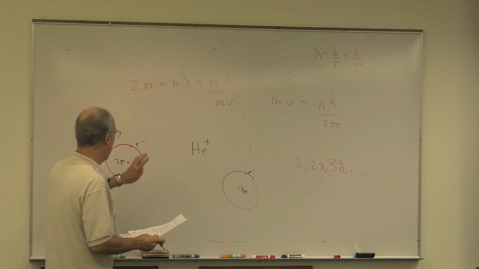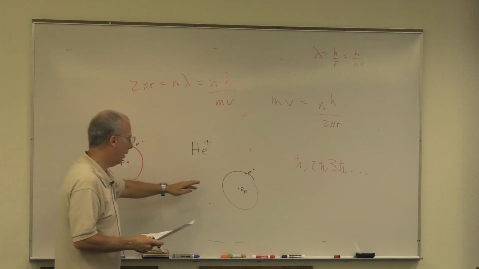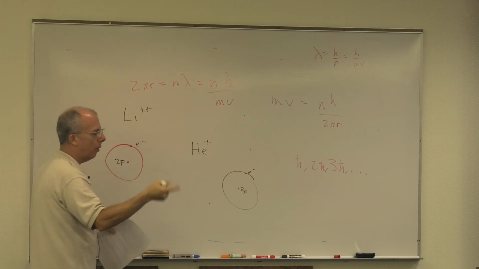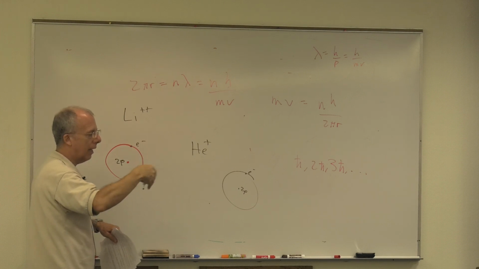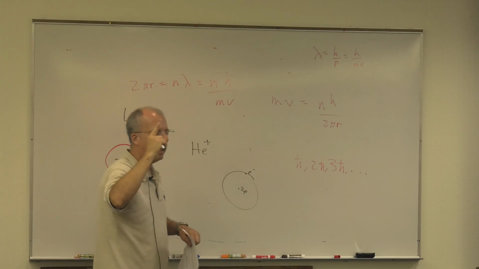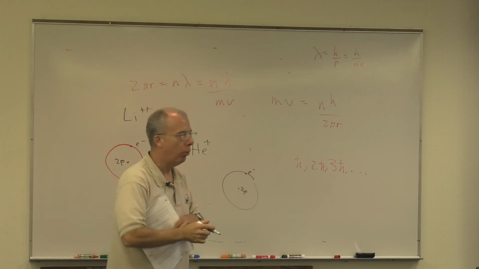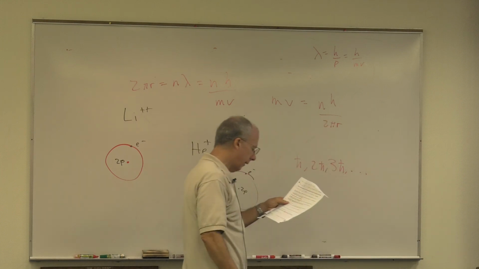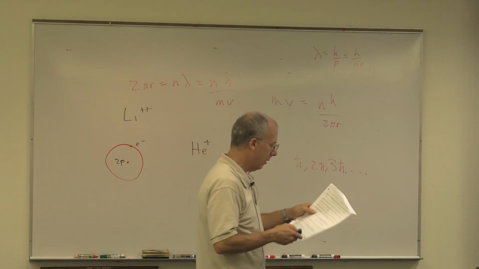Or lithium would be Li++, right? 3 protons in the nucleus, with 2 of the electrons ionized. So basically he's looking at 1-electron atoms, okay? Again, it's called hydrogen-like atoms.